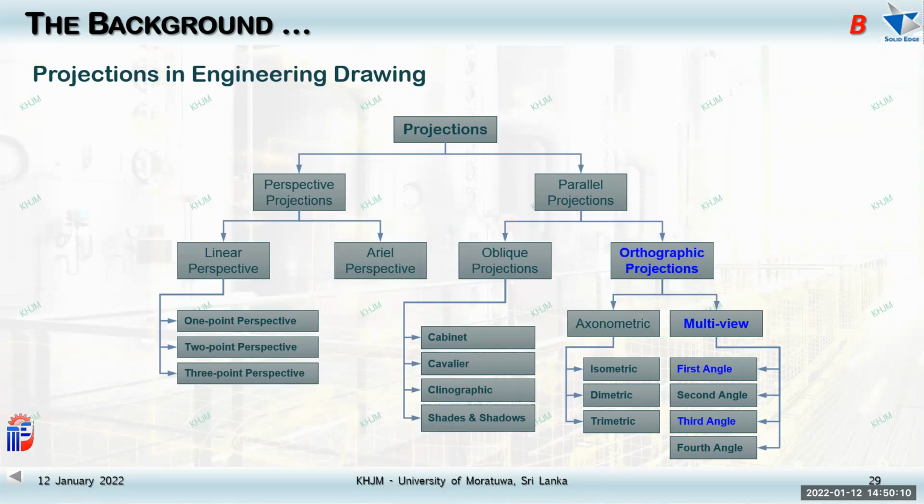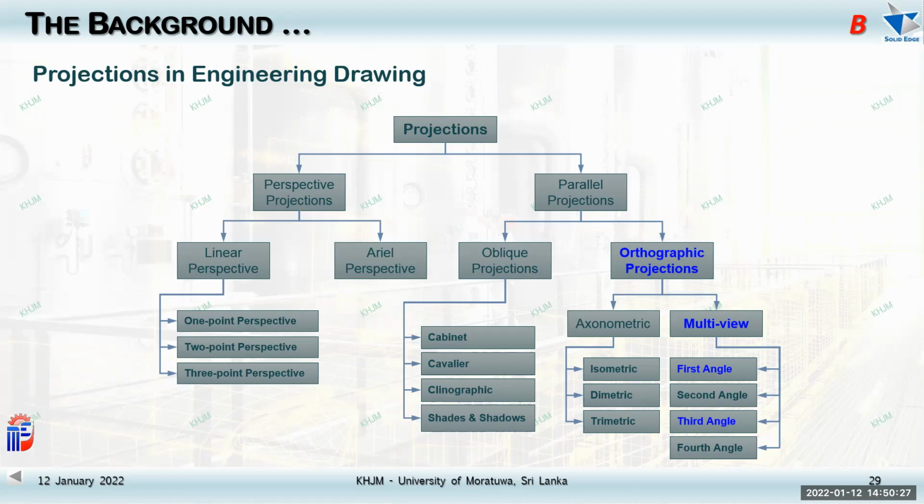So this is how they developed engineering drawing and other languages like this. There are different things, but our interest is in orthographic projections, and then we go for the multi-view. And there again, we have first angle and third angle projections.